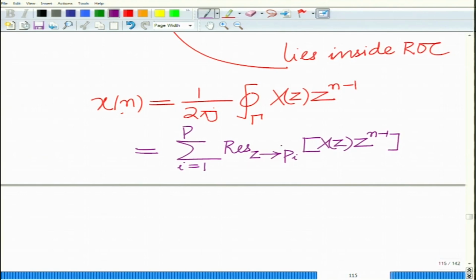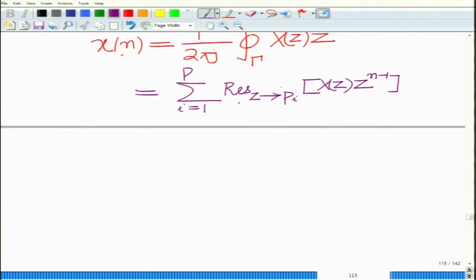So, this denotes what is known as the residue. I will define this shortly.